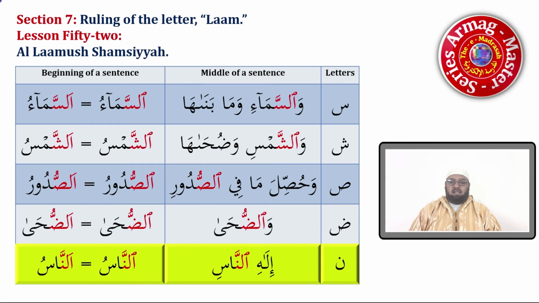For Shamsiya, today's lesson, when a Shamsiya letter comes after Alif and Lam in the middle of a sentence, both the Alif and Lam are written, but they are not being pronounced. If they come at the beginning of a sentence for Shamsiya and Qamariya, the moon letters and the sun letters, then we will have to put Fatha above the Alif.